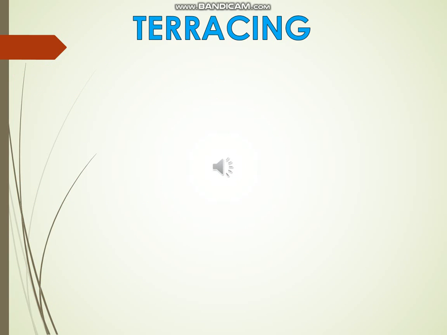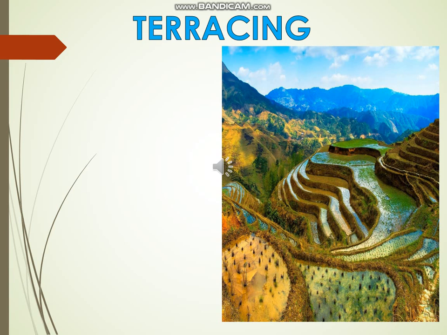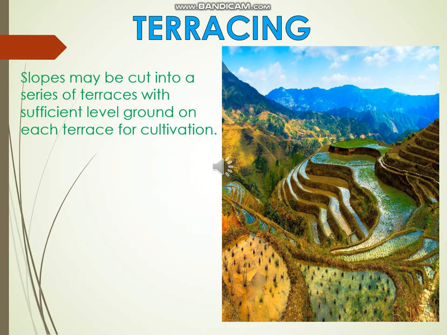Next one is terracing. Slopes may be cut into a series of terraces with sufficient level ground on each terrace for cultivation and an outer wall at the edges to retain the soil and to slow down the flow of rainwater down the slope.